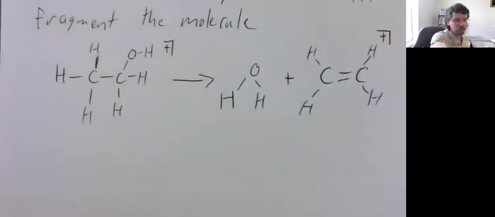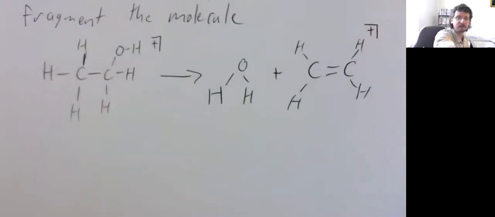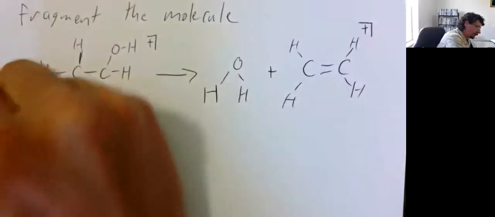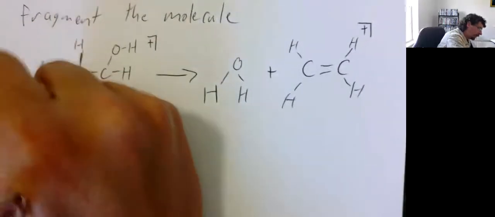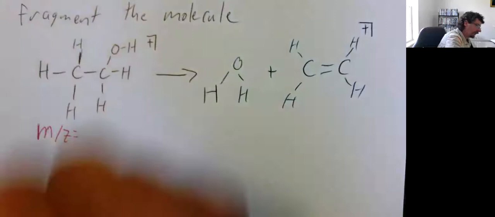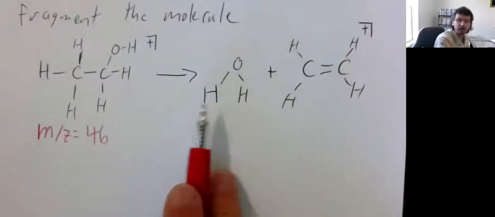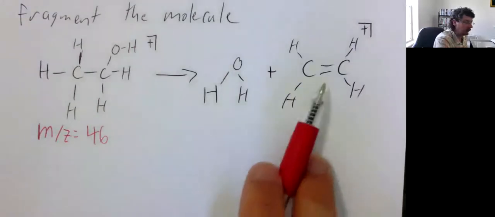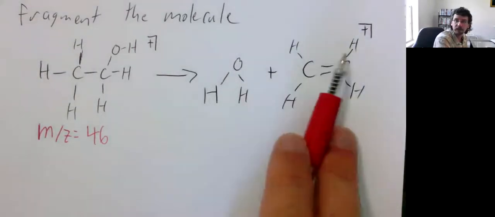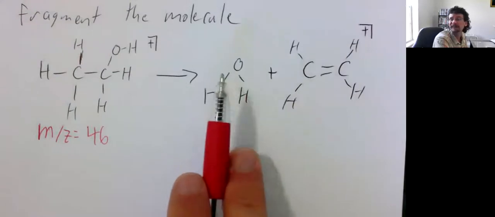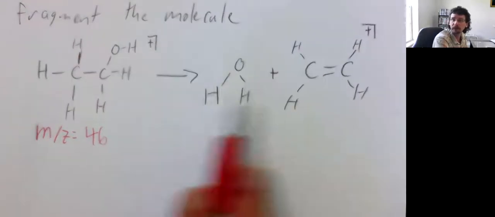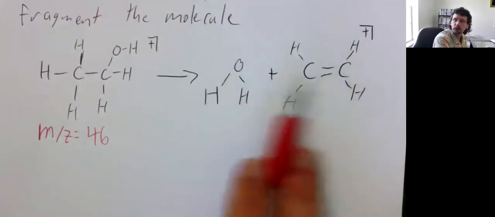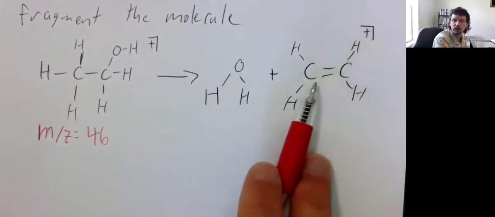Okay, now if we consider what we'll see in the mass spectrum, we have a mass to charge ratio. The m/z for this guy, we've already said what that was, that's 46. But what about these two? Which will show up in the mass spectrum and which will not? Again, we have to consider if there's charge on these species. This water molecule is not charged, therefore it will not appear in the mass spectrum. However, this positively charged portion will.